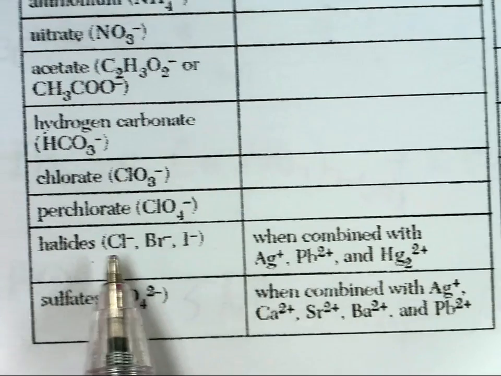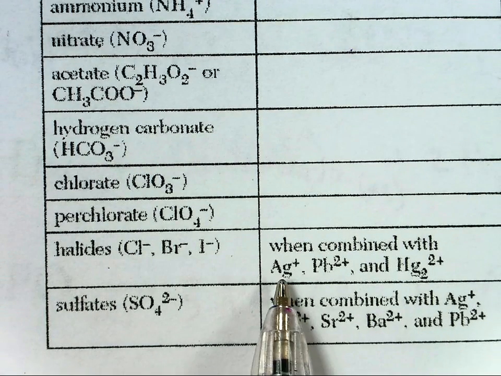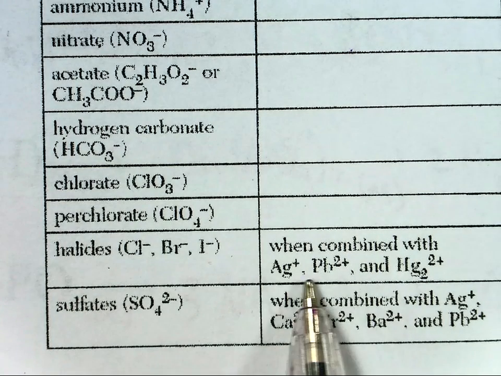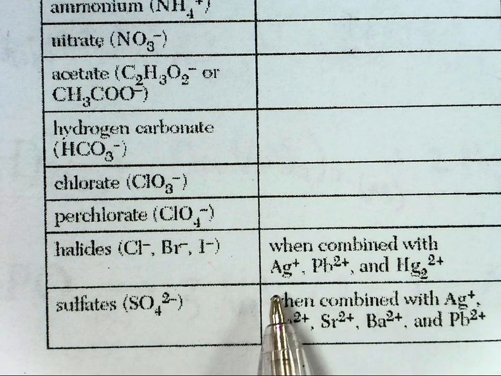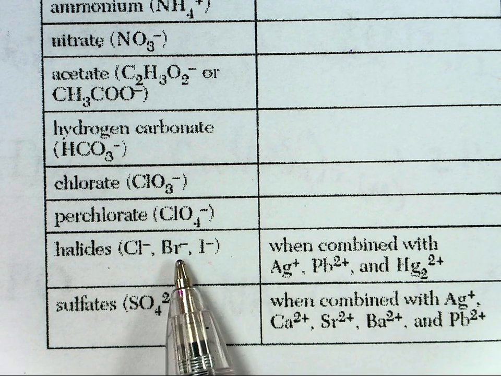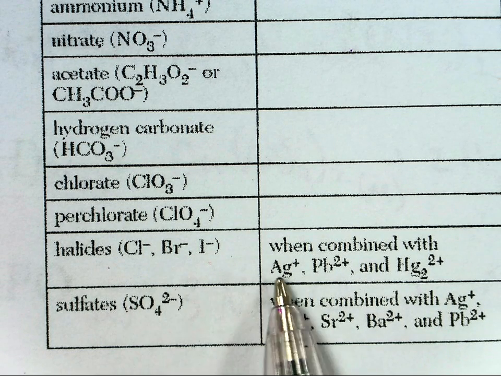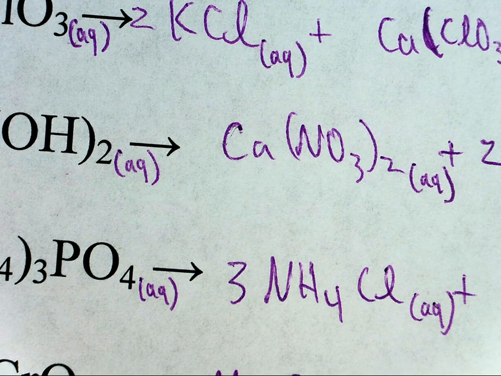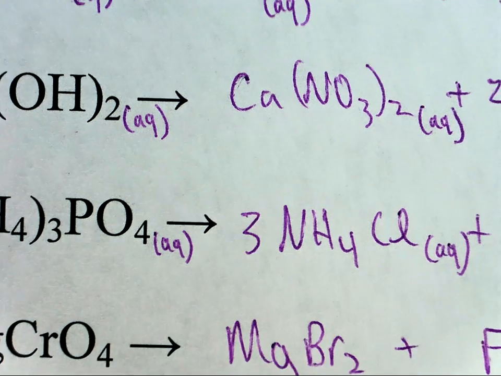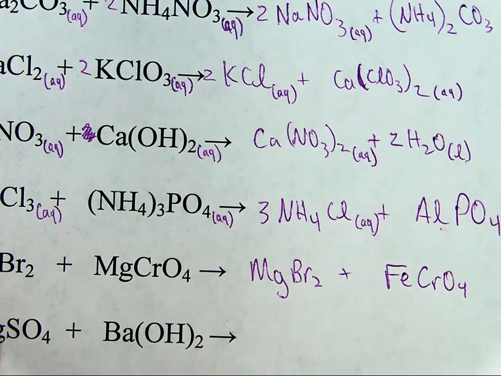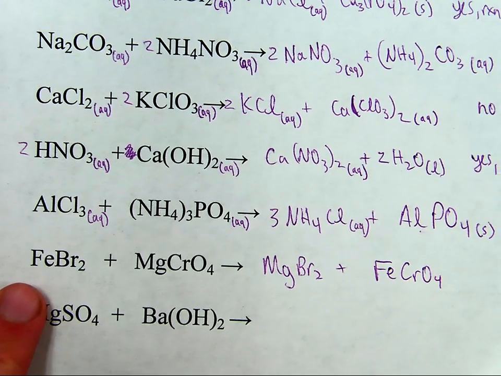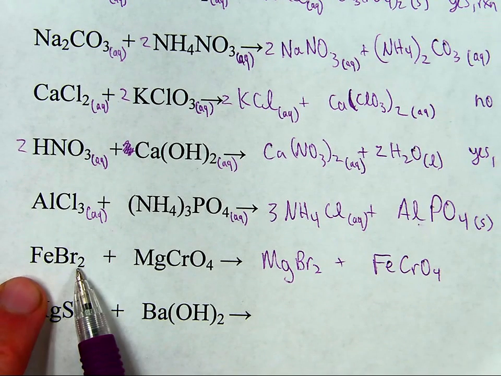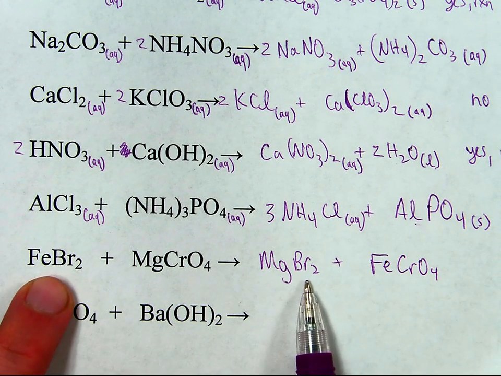It will dissolve unless it's paired with silver, lead, or mercury. That's neither silver, lead, nor mercury, and neither is that. So compounds with bromine will dissolve unless it's one of the exceptions, and this is not one of the exceptions, so we're going to say aqueous for both of you.